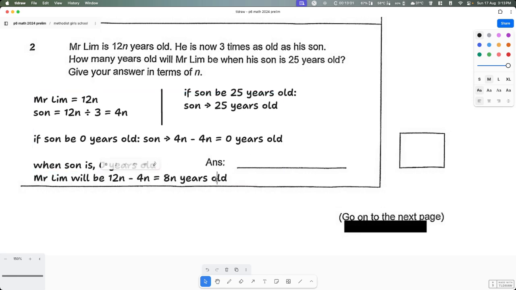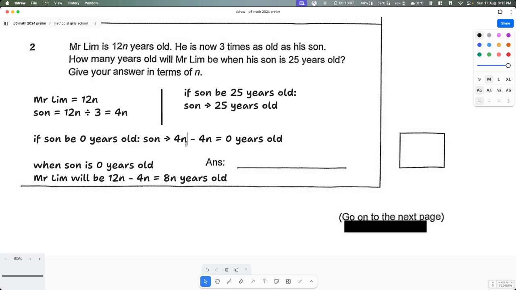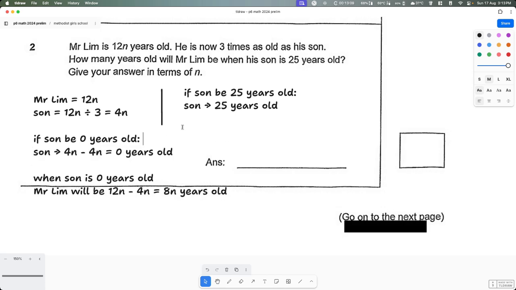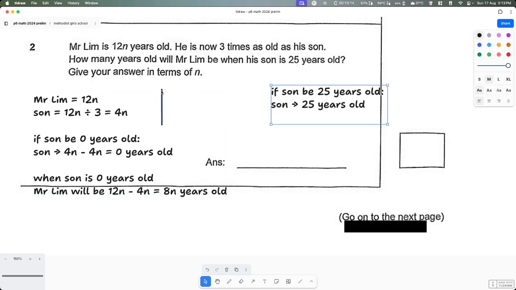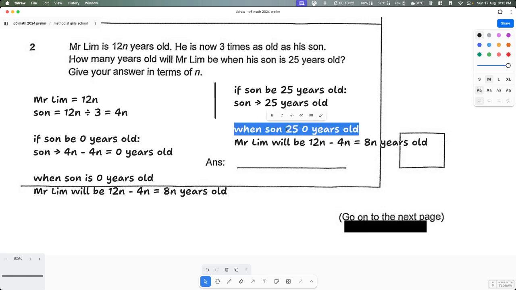When the son is not 0 years old but 25 years old, let me move this whole text over here. So if the son is 25 years old, then Mr. Lim will be 8n plus 25 years old.